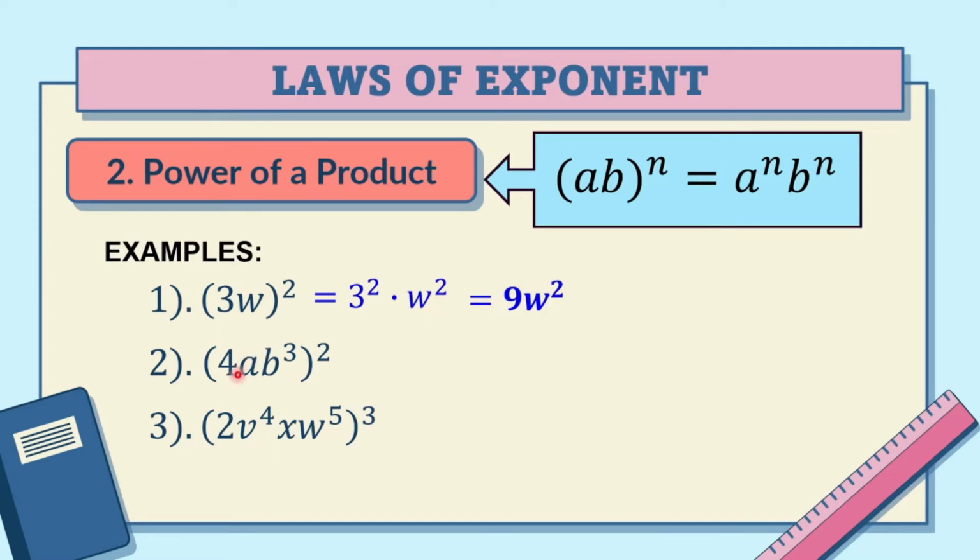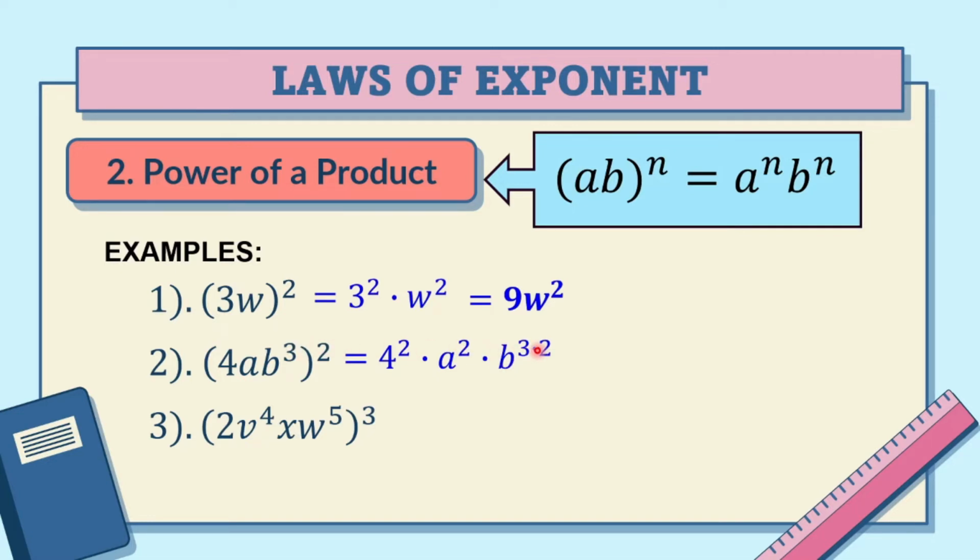Number 2, we have this quantity 4ab cubed, squared. So i-distribute natin itong squared sa lahat, 4a at saka sa b. So okay, gawin natin. It will become 4 squared times a squared times b cube. Ito yung cube dito.